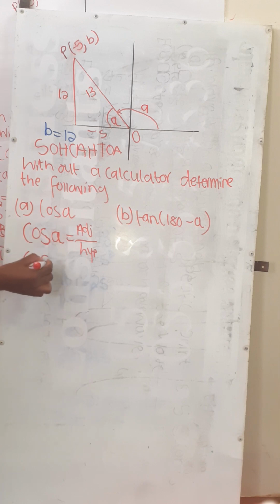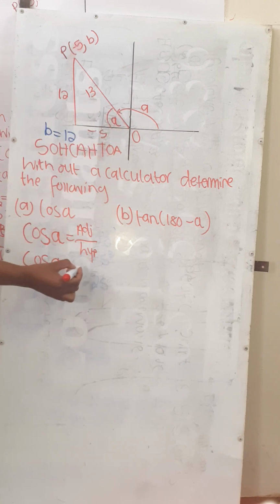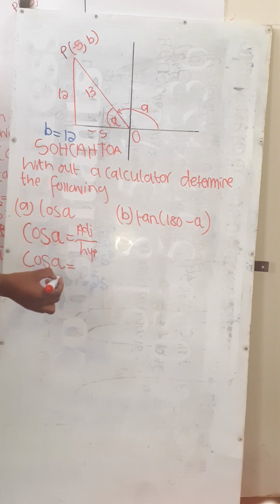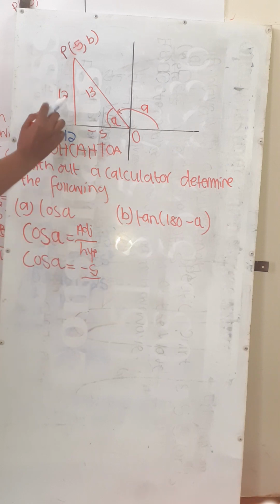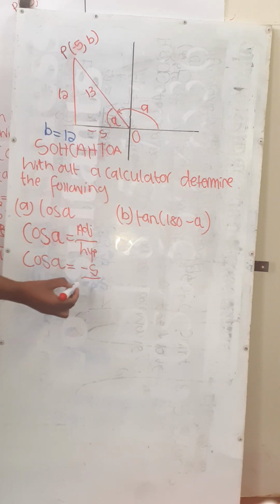So cos alpha equals, this side is adjacent to the alpha, so we have to substitute this one, which is -5 over, sorry, this is the hypotenuse. This is always the hypotenuse, the longest side, so that will be 13.